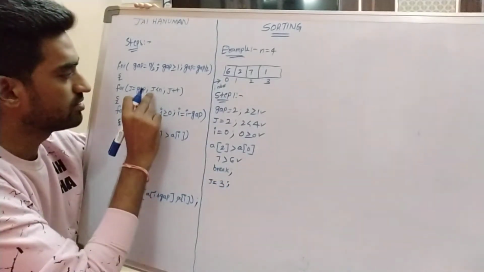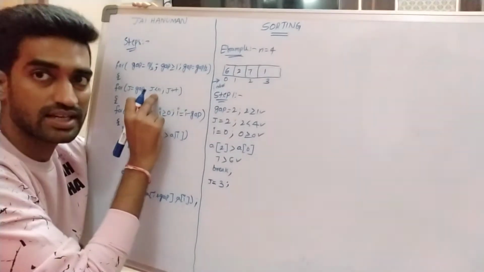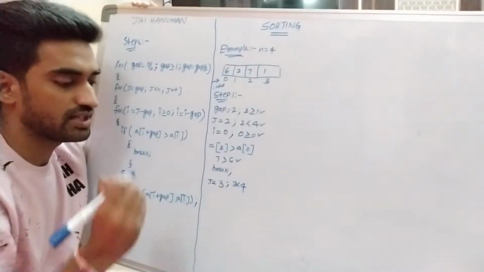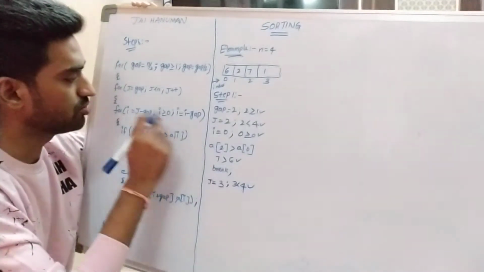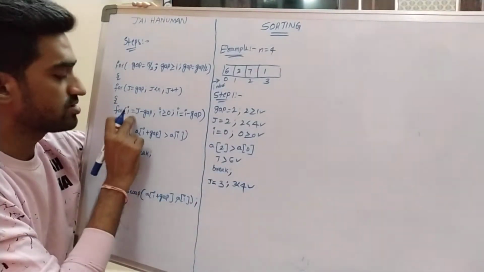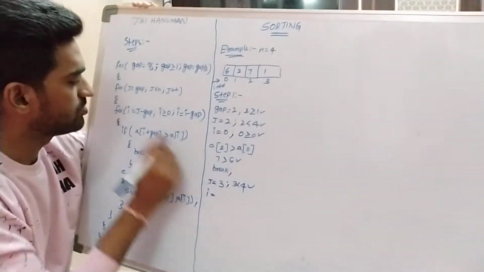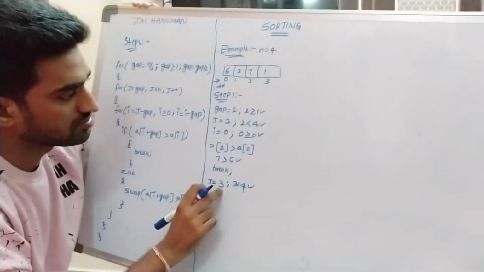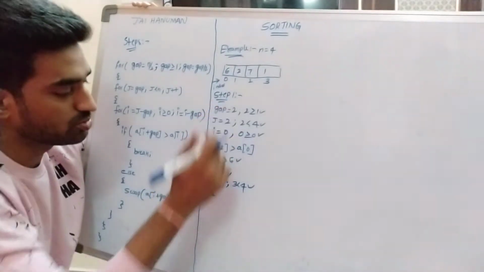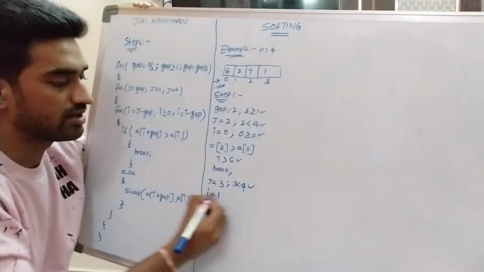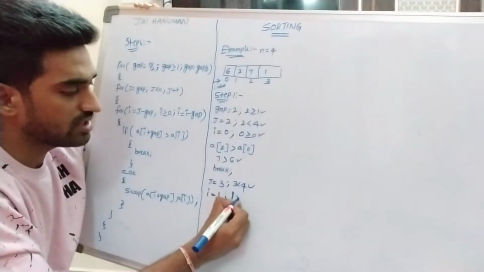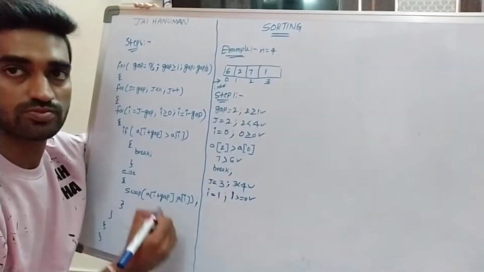Then we check j less than n. 3 less than 4, condition is true. Then we check the loop i is equal to j minus gap, 3 minus gap 2, which means 1. 1 greater than or equal to 0, condition true.